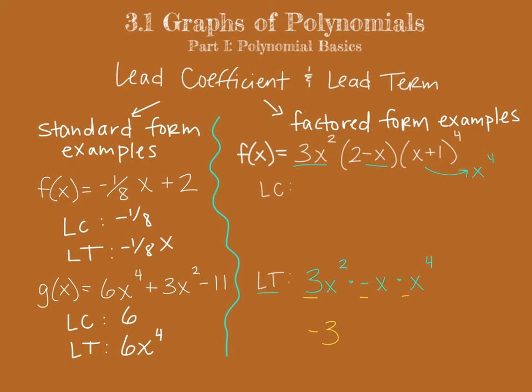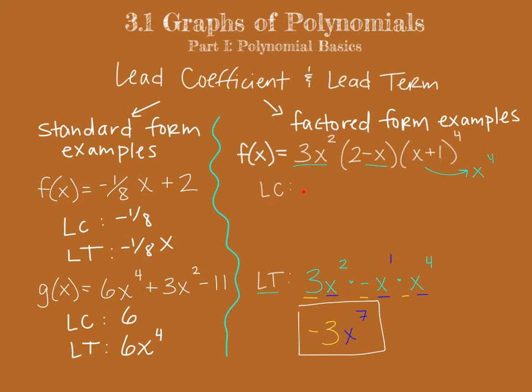And then next, we multiply x squared times x to the 1st times x to the 4th. We add our exponents for rules of exponents, and we get -3x to the 7th as our leading term. So that's our leading term. Again, it's as if we were to multiply this all out, but you don't have to multiply all of it out. You can just multiply the lead terms of each factor to get the overall leading term.